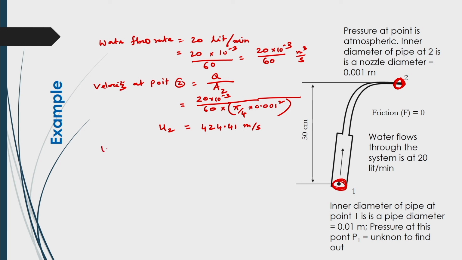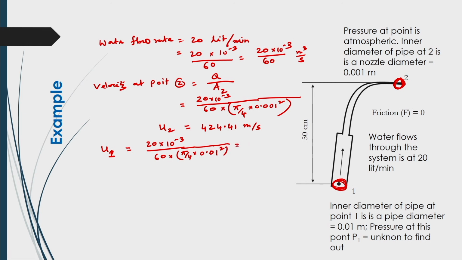Similarly, you can calculate the velocity at point 1, for the same flow rate. It is 20 into 10 to the power minus 3 by 60, divided by its cross sectional area, pi by 4 into 0.01 squared, the cross diameter.